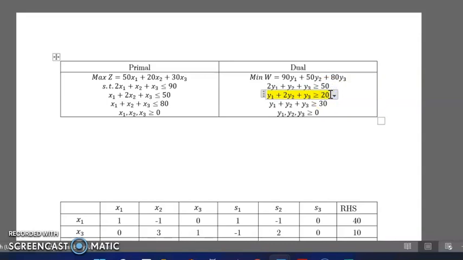So in order for this constraint to be violated, we're going to have to first find new coefficients that would make the left hand side of this constraint smaller than its right hand side. And this is pretty much a trial and error process.